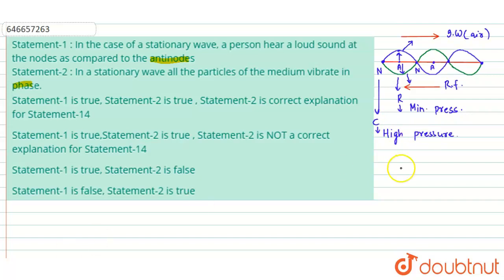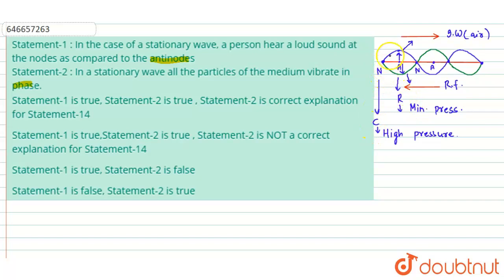So you can see here that air is compressed from antinode to node. So I have shown that at the node there is high pressure, and at the antinode, since the displacement of the air particles is maximum, the pressure will be minimum, because it is a point of rarefaction.